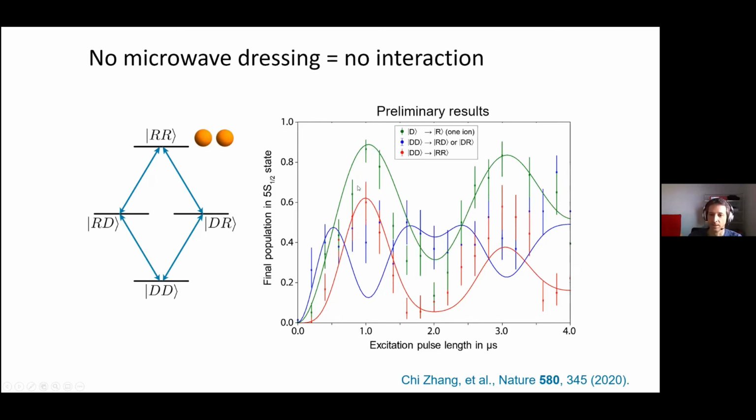And we see that the red curve is actually following quite well this P squared curve of the single ion excitation. The blue curve is, of course, P times (1 minus P) times 2. So it's also just the independent excitation of the two ions. And, well, the data here deviates a little bit, but in principle, it follows more or less what we would expect.